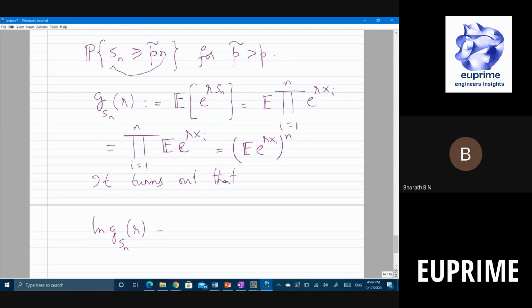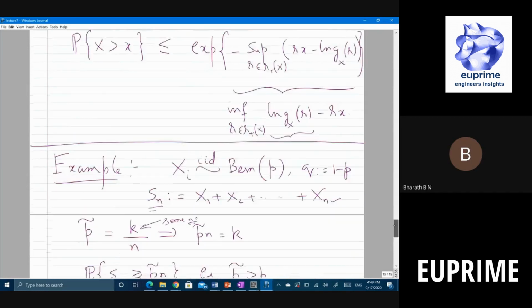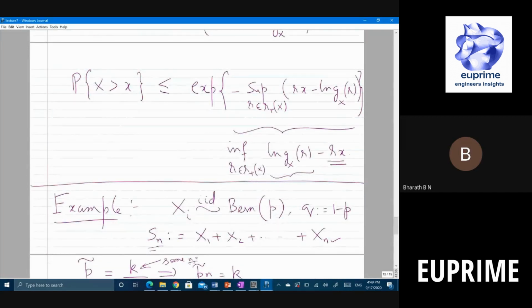Is that okay? Yes, sir. Okay, everything will be divided by n here. Now Sn by n minus, looking at this term, r times x, where r is your variable. Now what is x here?